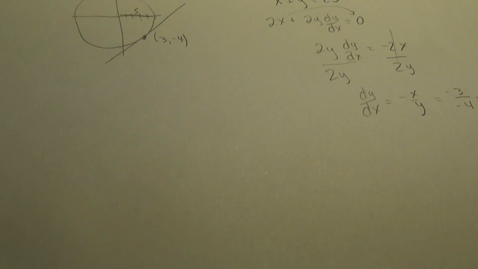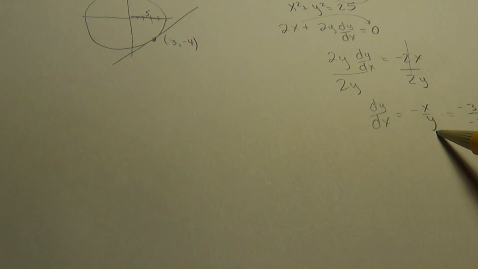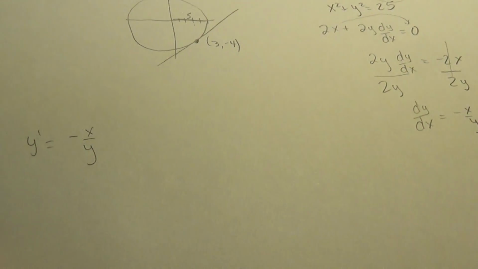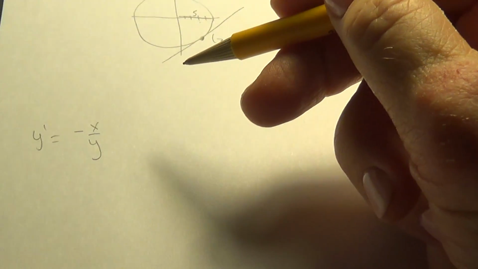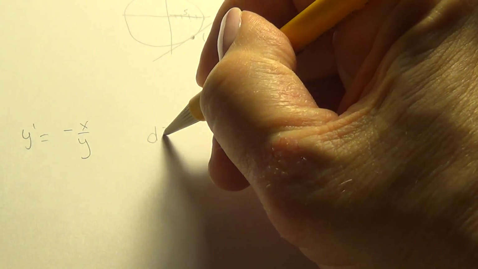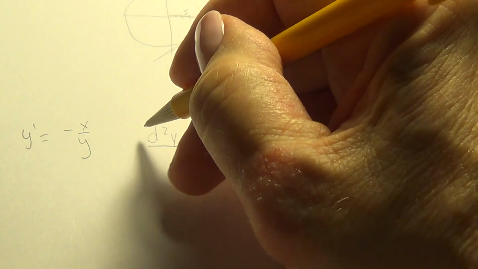So let's take our answer from the first derivative, negative x over y. That's the first derivative, and now I'm going to find the second derivative. So I'm going to take the derivative of this, using the other notation.